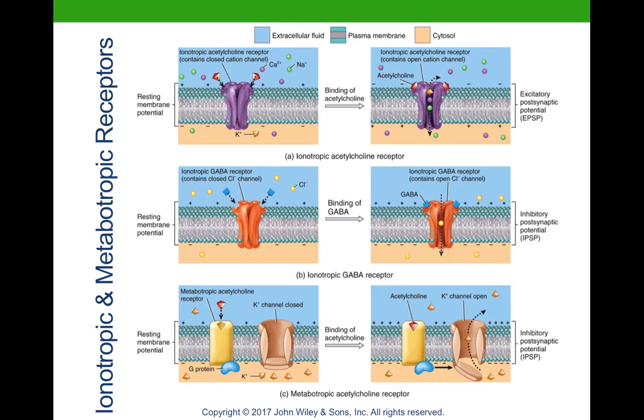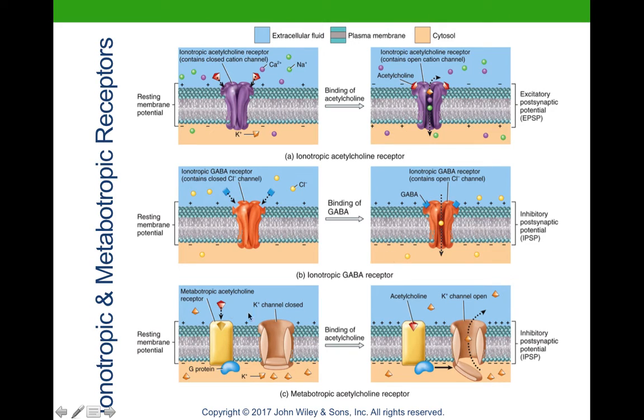So here we see our ionotropic and our metabotropic receptors. We see our resting membrane potential with our ionotropic receptor here with acetylcholine, causing us to have an excitatory postsynaptic potential. Here we see the binding of GABA to the ionotropic receptor, leading to this inhibitory postsynaptic potential.